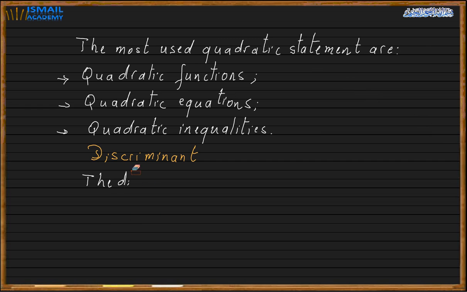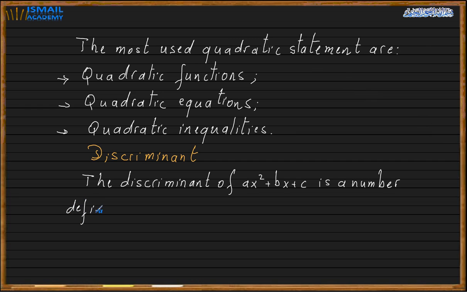The discriminant of ax squared plus bx plus c is a number defined by, and we always name it D, b squared minus 4ac.